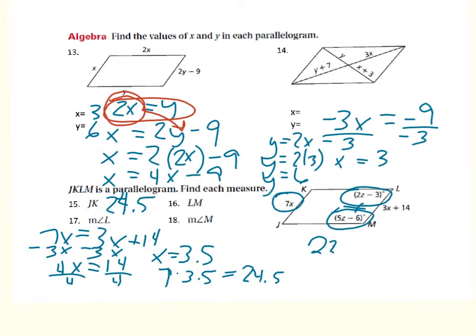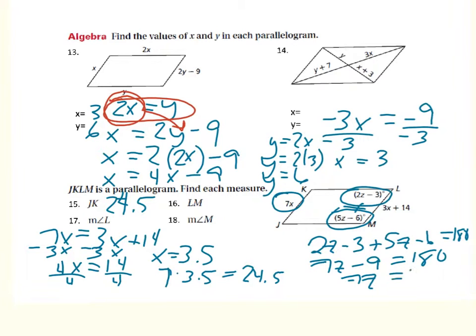So 2z minus 3 plus 5z minus 6 adds up to equal 180. Combine like terms. I get 7z minus 9 equals 180. I'm going to add 9 to both sides, so 7z equals 189. And then I'm going to divide by 7.